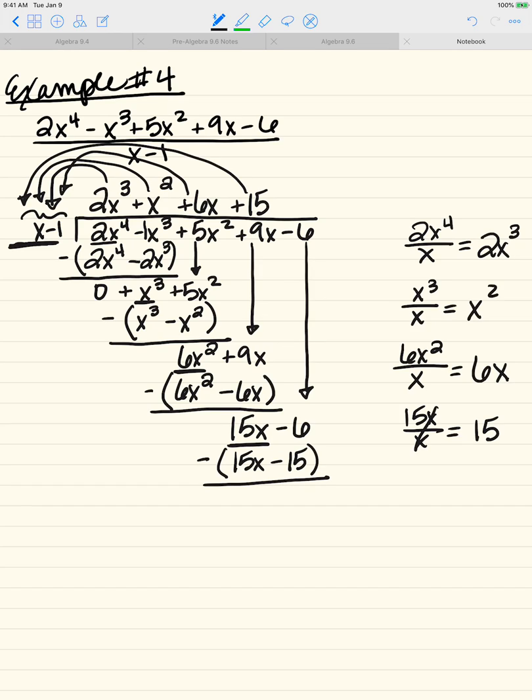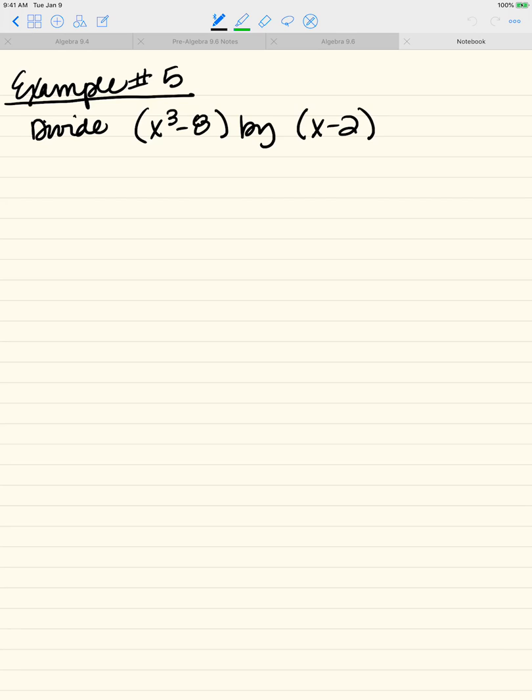Subtract that whole thing. 15x minus 15x is 0. Negative 6 plus 15 is 9. Here's our remainder. We have no more terms to bring down. Take that 9 in your last term and divide it by your divisor, and you are done. You are done.